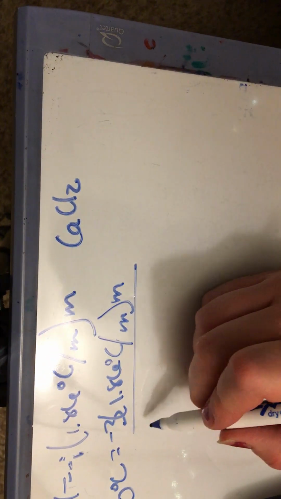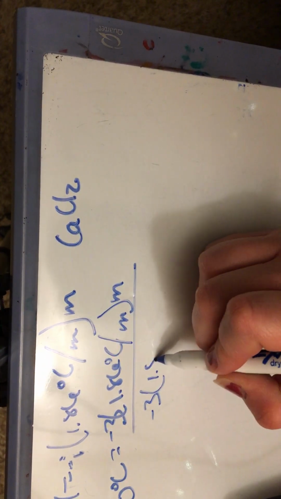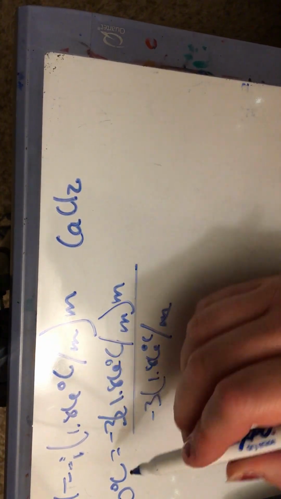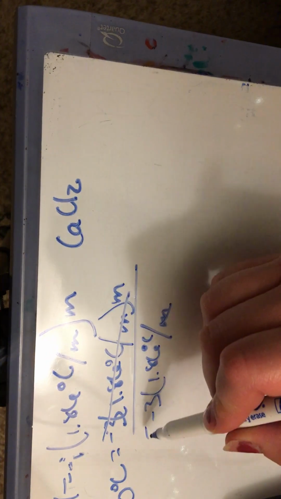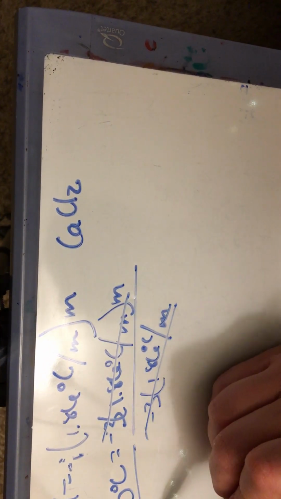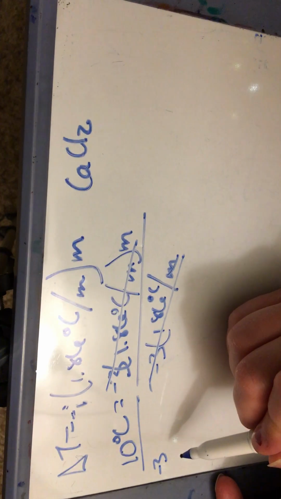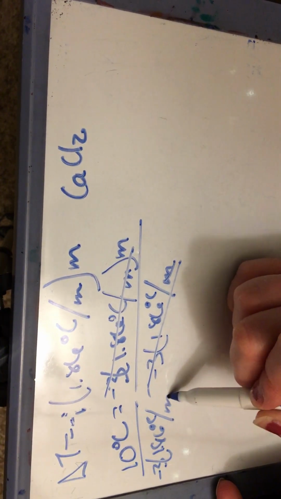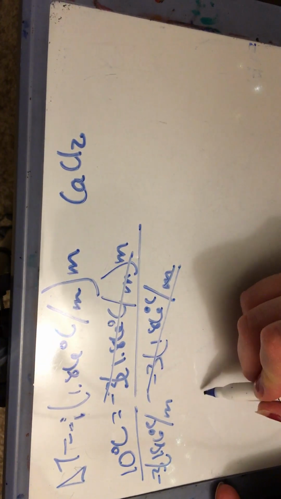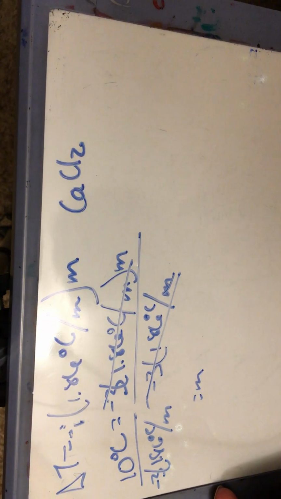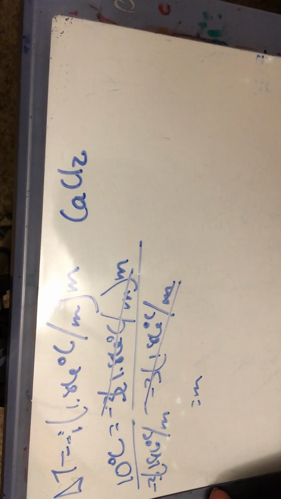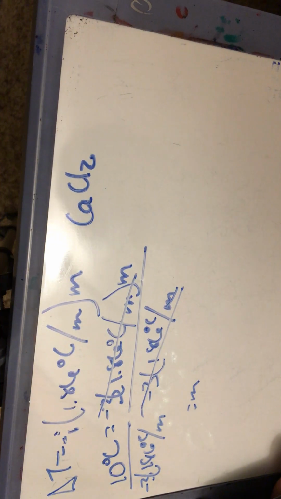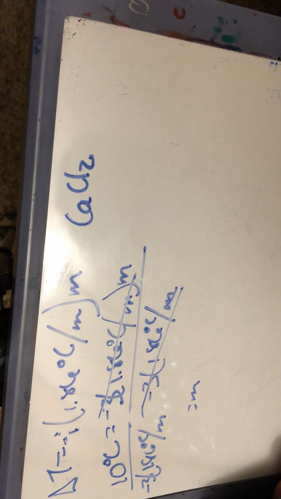We just have to divide by this number here to get this all moved out, and divide by this number here to get what our m equals. So we will have 10 divided by negative 3.